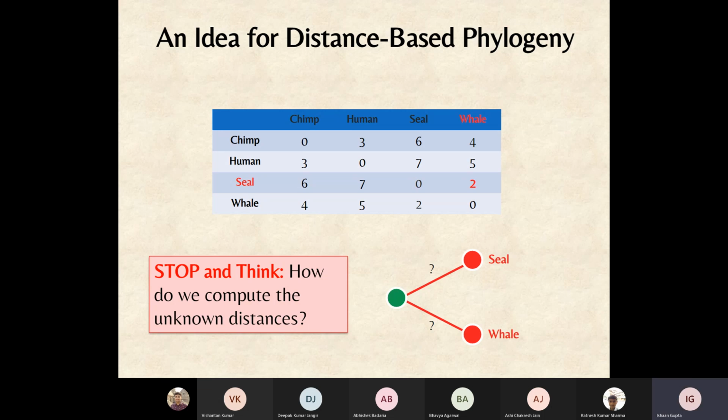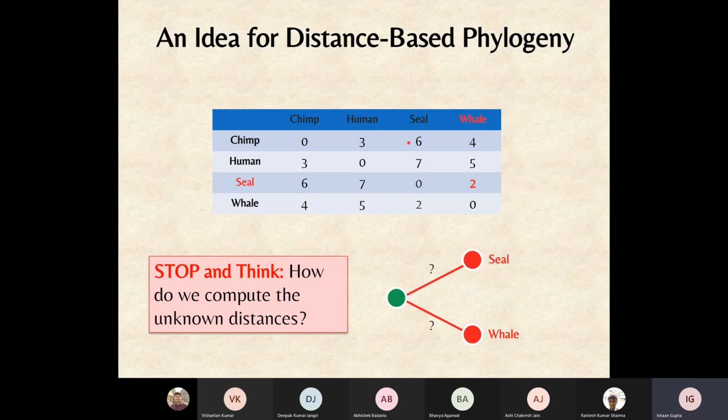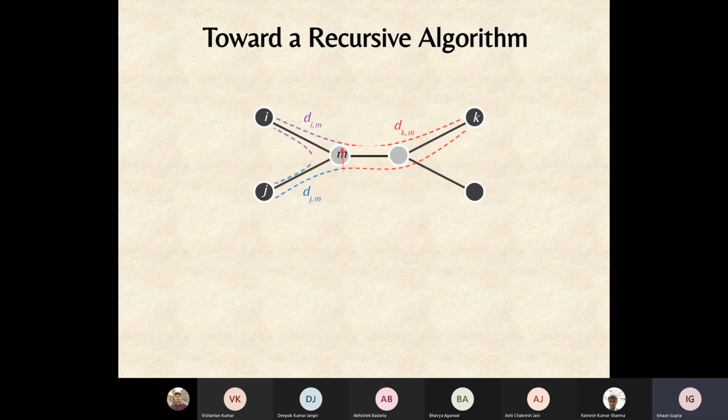Right, so we can take a third organism, and based on the third organism you can construct linear equations. Let us say you have the whale and seal, and you assume that they are neighbors because they are close to each other. This is an assumption, by the way. You say that they are neighbors, that means they would have a common ancestral node. Now you take a third species, and you know the distance of this third species from whale and seal.